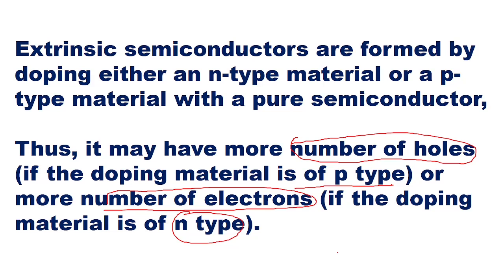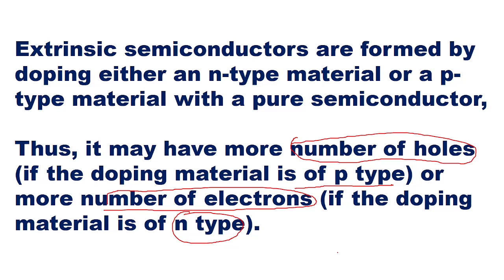That means the number of holes and the number of free electrons are not equal. One of them will be more, depending on whether it is n-type or p-type, but both cannot be the same. So it is not equal to each other.